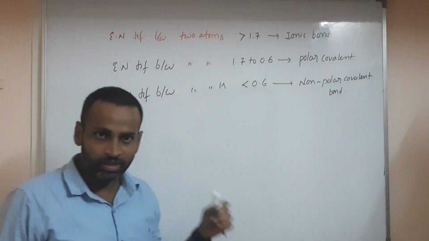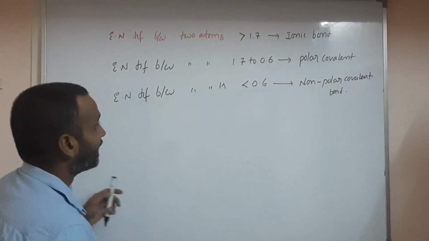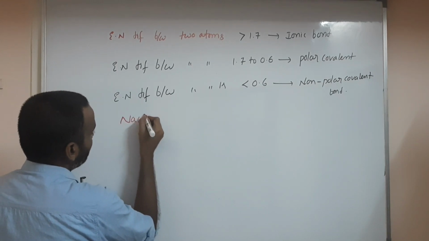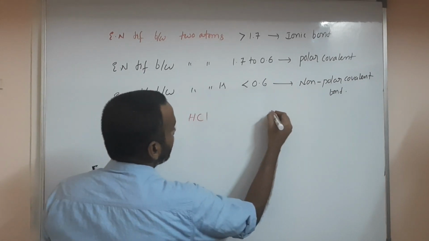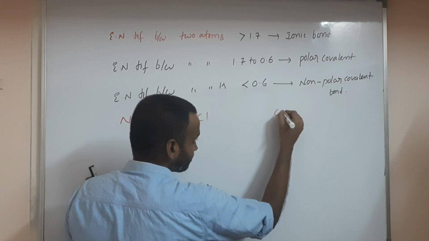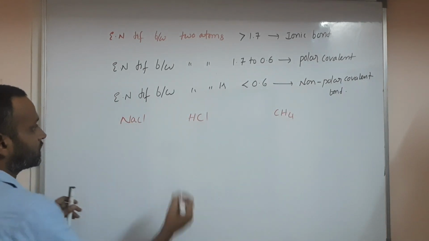So we are in chemical bonding only. These are all important to understand the nature of a chemical bond. Suppose NaCl, I will take one example, HCl another example, and CH4 here as an example. So what is the difference here?